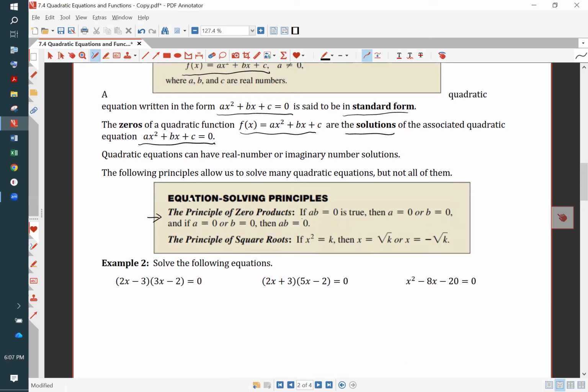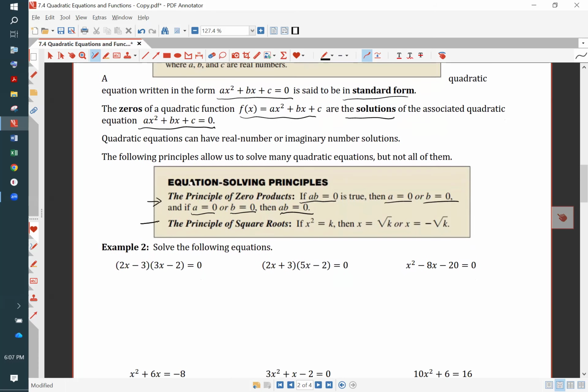The principle of zero products. If A times B equals 0 is true, then A equals 0 or B equals 0. Didn't you already know that? And if A equals 0 or B equals 0, then A times B equals 0. I know you knew that. And then we have the principle of square roots. If x squared equals a number k, then x equals the square root of k or the negative square root of k.